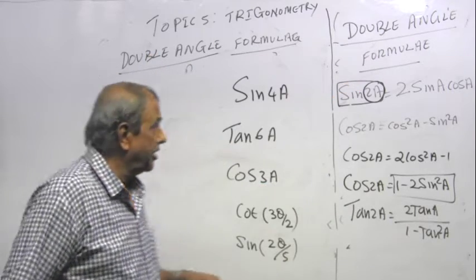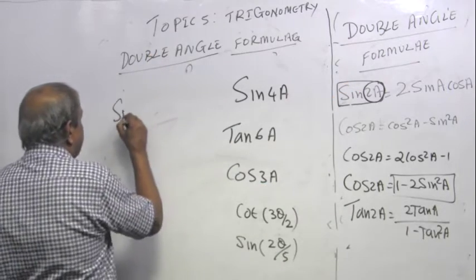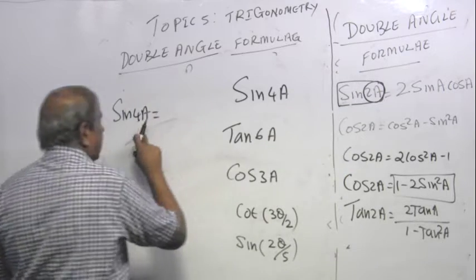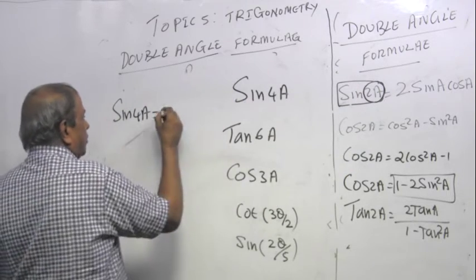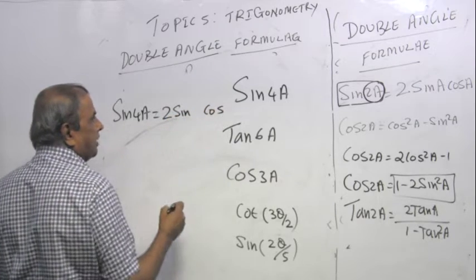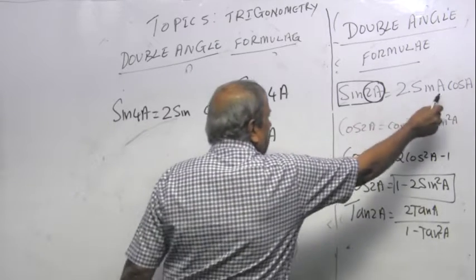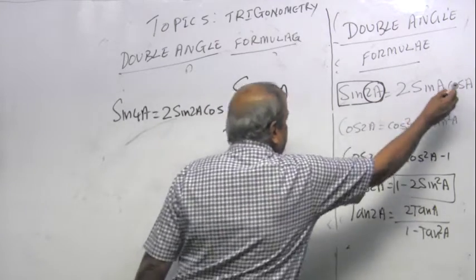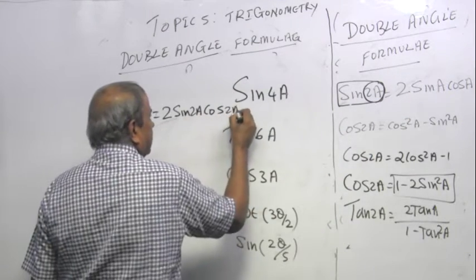Nothing else changes. So if I have sin 4a, 2a is 4a, that means everything is doubled. So the 2 remains the same, the sine remains the same, the cos remains the same. 2a became a, 4a becomes 2a.